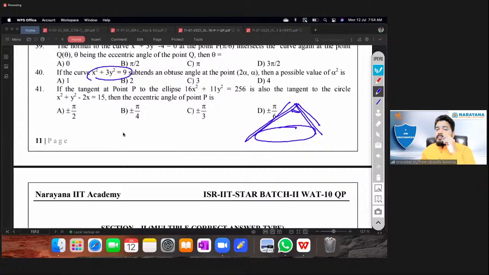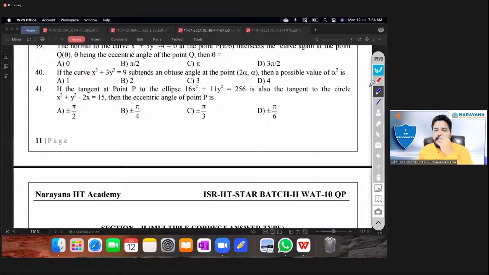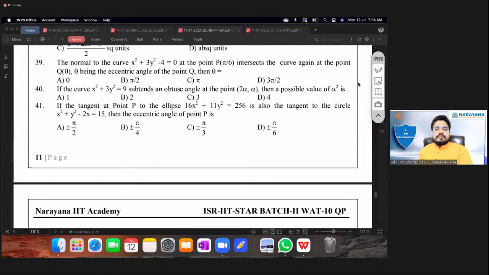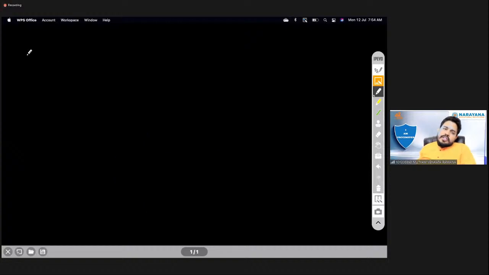Sir, can you explain the 39th question? Okay. The 39th question: if the normal to the curve at the point intersects the curve again, the curve equation is given as x squared plus 3y squared is equal to 4.